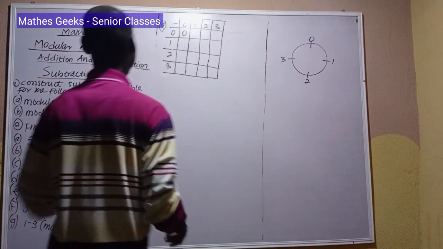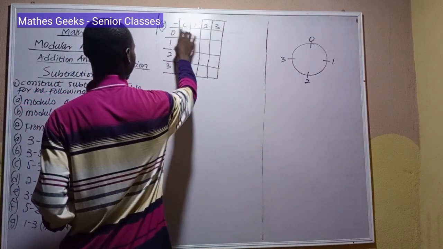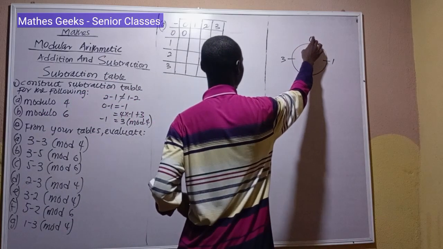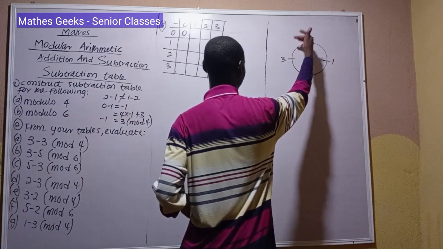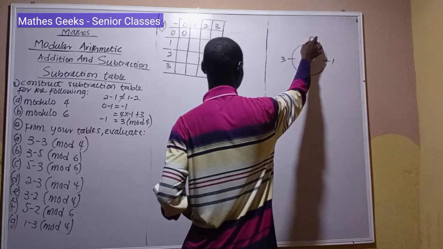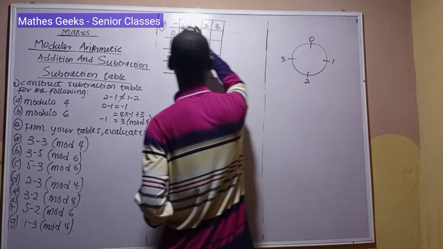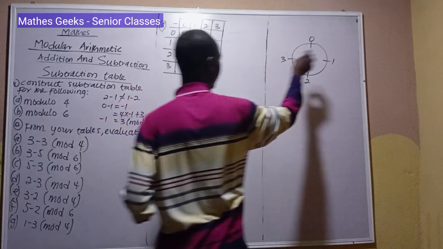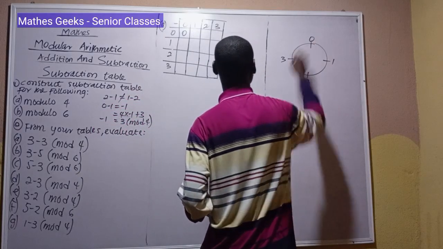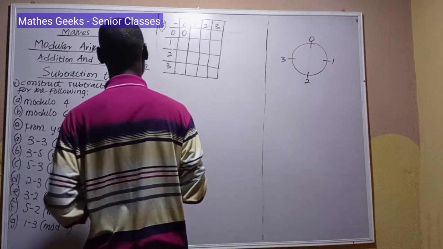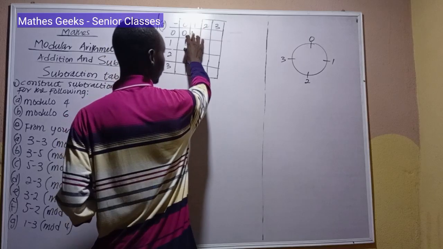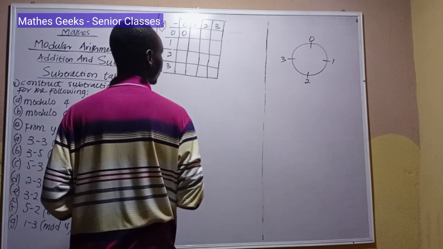So let's prove this. 0 minus 0 means start at 0, but there's no movement, so start at 0 and move 0 times. So that's 0. 1 minus 0 means start at 1, move backwards 0 times.